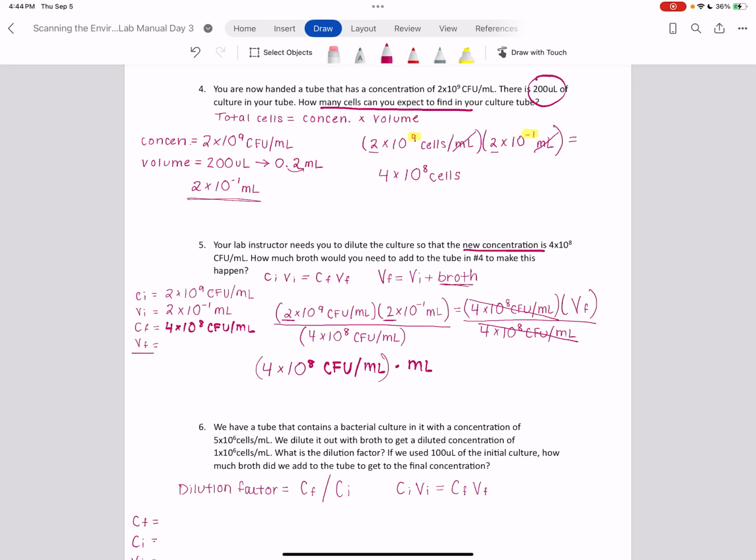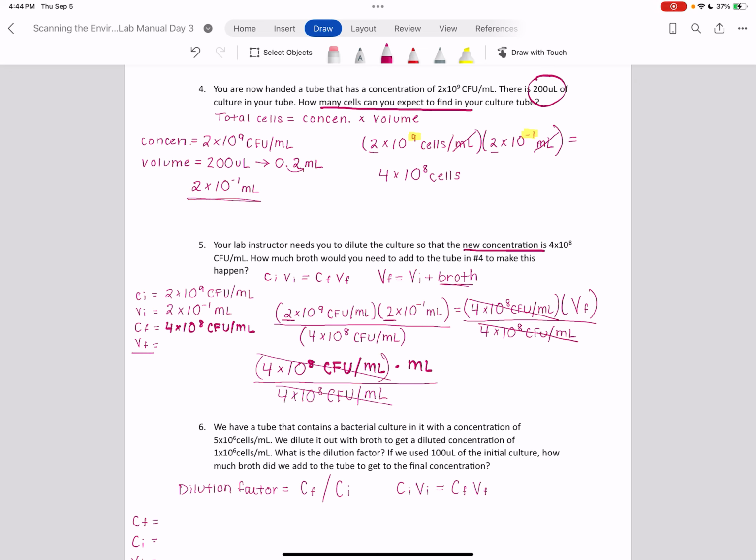Now we can divide all of that by 4 times 10 to the 8th CFU per ml. What you probably noticed is that now the top is actually equal to the bottom, so we can cancel these out.